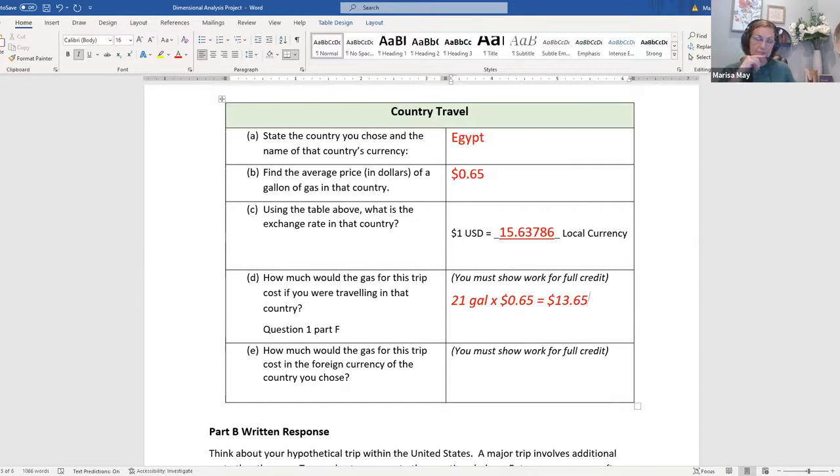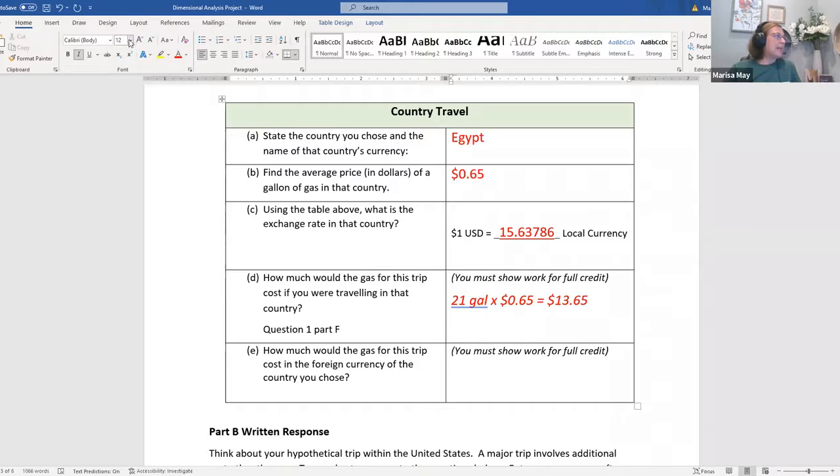Okay. Now remember, I'm going to give you a chance to do yours here in just a second. I'm going to go ahead and do E. Now we want to know how much the gas for this trip would cost in Egyptian currency? So the $13.65, that's US dollars.